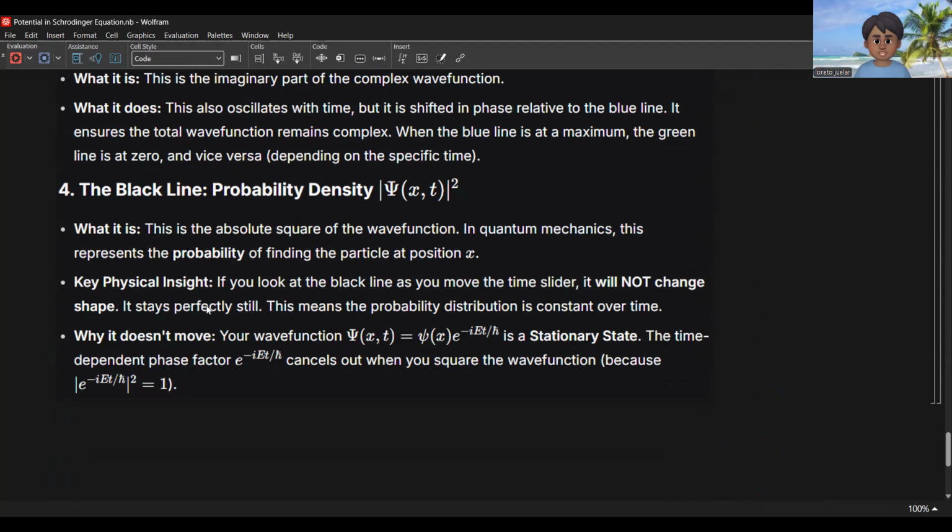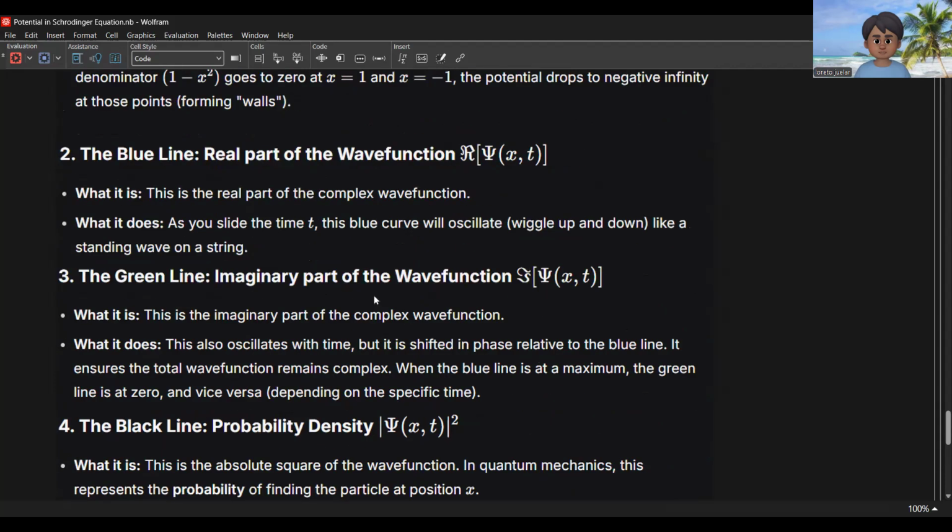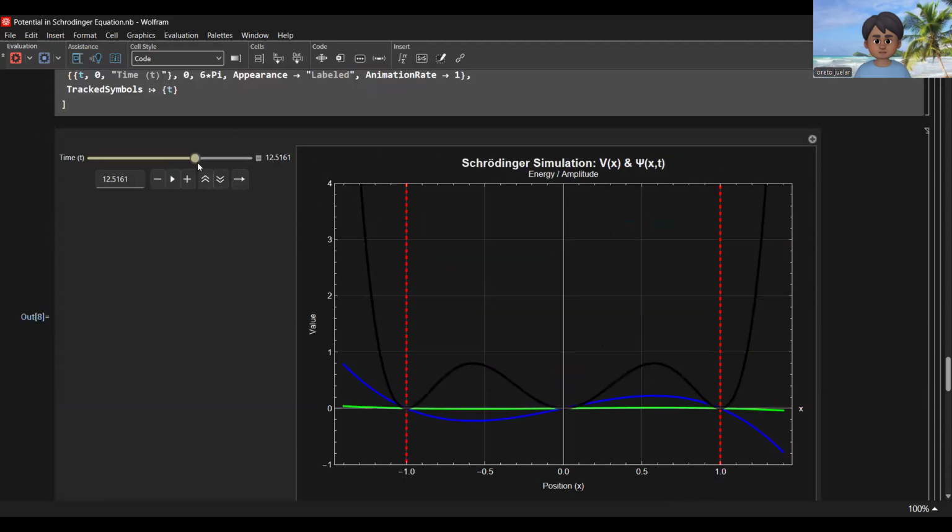The key physical insight: if you look at the black line as you move the time slider, it will not change. Even though there is an oscillation for the blue line and an oscillation for the green line, the black line is steady.